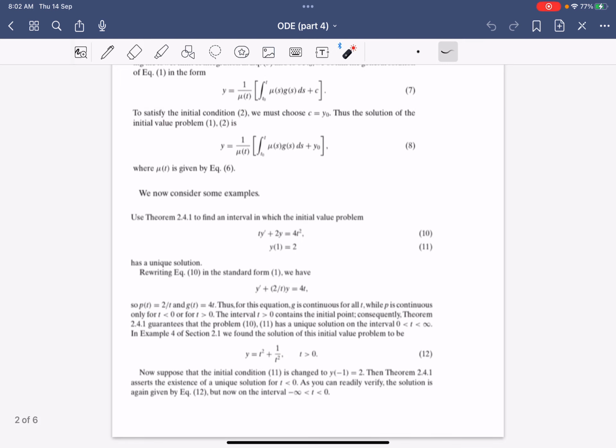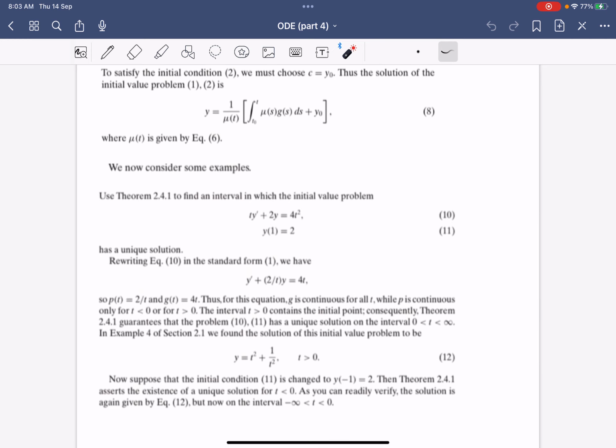So let's take a look at certain questions to see how we use this uniqueness theorem. If we're supposed to find the interval in which this IVP has a unique solution, we must first rewrite it in standard form, and what we realize is that G is continuous for all t, but this P function is continuous at every point except 0.